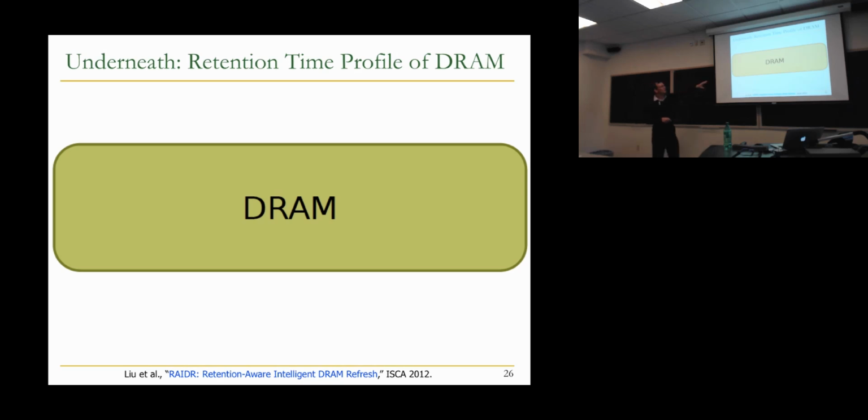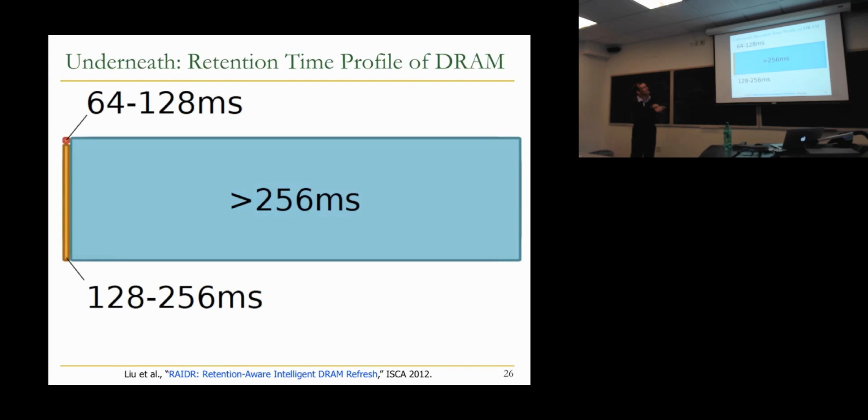But if you knew how DRAM was composed underneath, you would know that it looks like this. Basically, there are very few memory rows that need to be refreshed every 64 milliseconds, because they can retain data for a time period between 64 to 128 milliseconds.